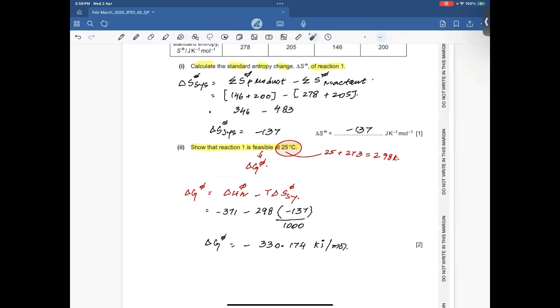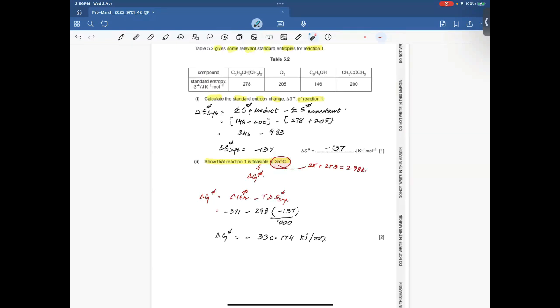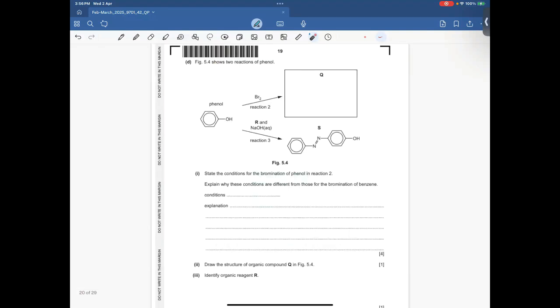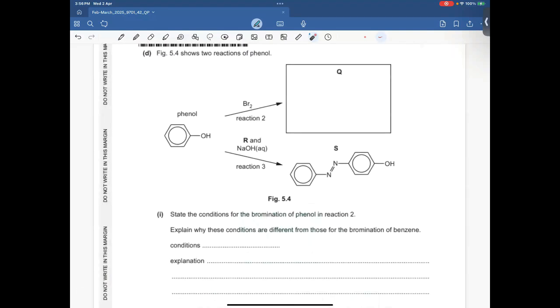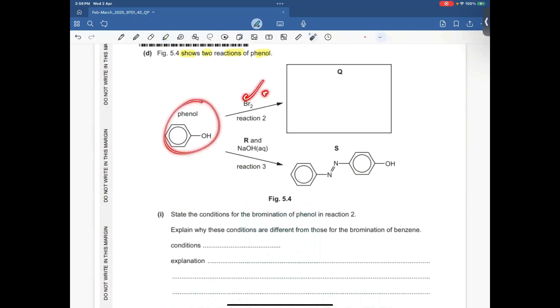All right. Oh my goodness, that's a very long question. Figure 5.4 shows two reactions of phenol. Okay. Phenol undergoes bromination in reaction 2. And obviously, when it undergoes bromination, it will turn to 2,4,6 tribromophenol.